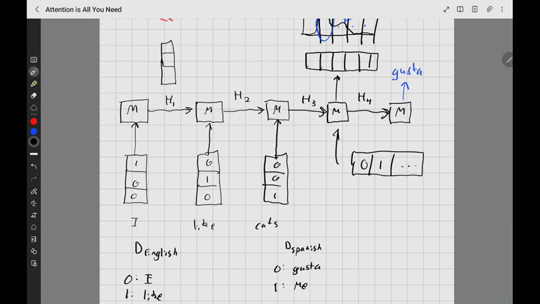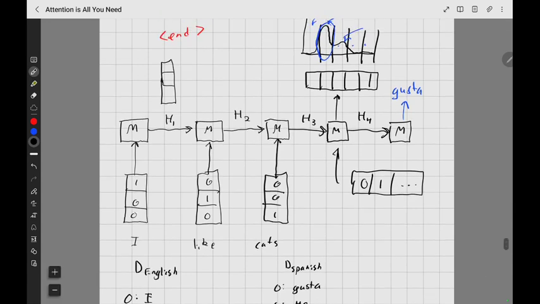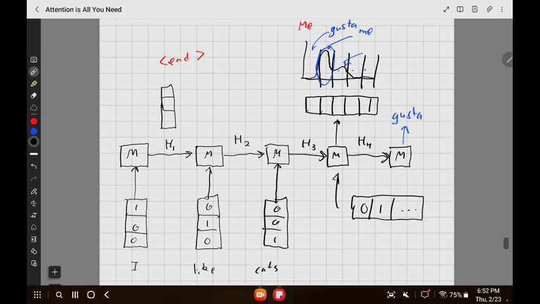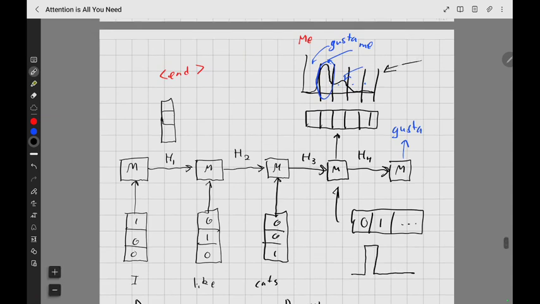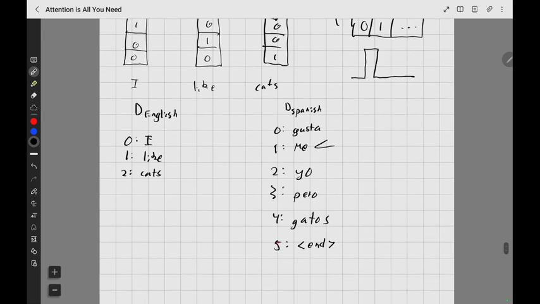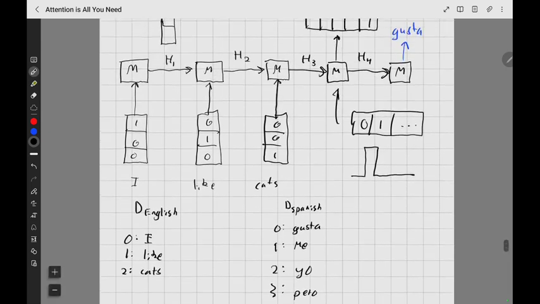It knows when to stop whenever you reach an end token. This isn't the attention mechanism though, I'm just going over this broadly. You want it to output this distribution, and it gave us a distribution that looks like that. So you want it to have 100% probability of being this word right here. In reality, it's not going to be that, it's going to be really high. And that's how you train it.